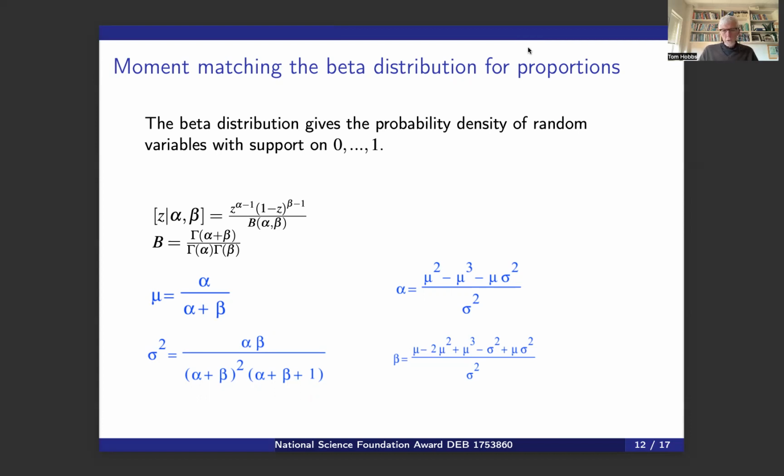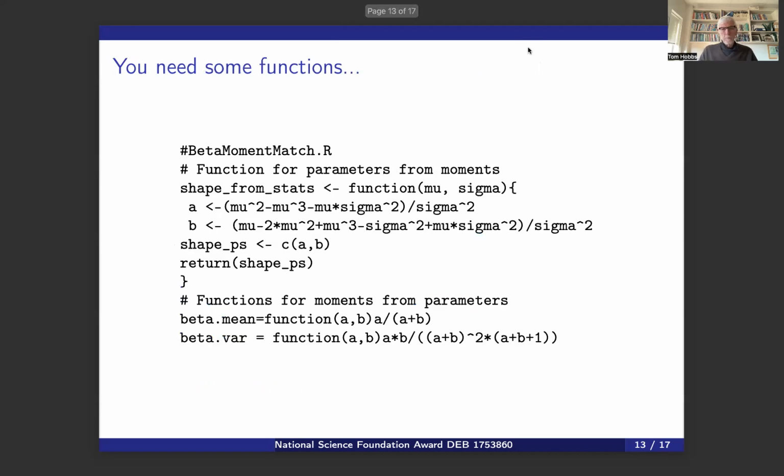If we solve those two equations in the two unknowns, alpha and beta, we get expressions for the first parameter alpha and the second parameter beta of a beta distribution in terms of the mean and the variance, which again is going to enable us to use published values on means and standard deviations or variances to compose priors on beta-distributed variables.